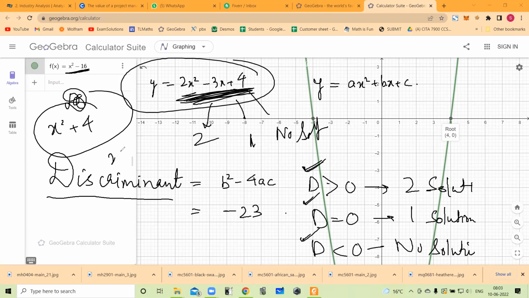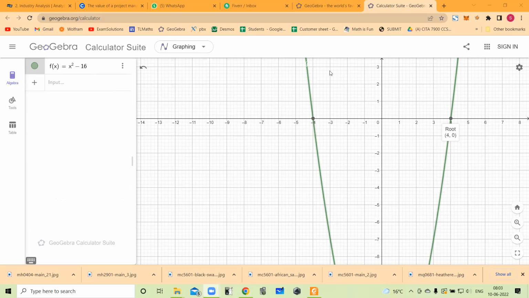But if it is written like x squared minus 3x plus 4, how can you analyze it at that time? B squared minus 4ac. Because the graph can go like this and then cut the y-axis at 4.